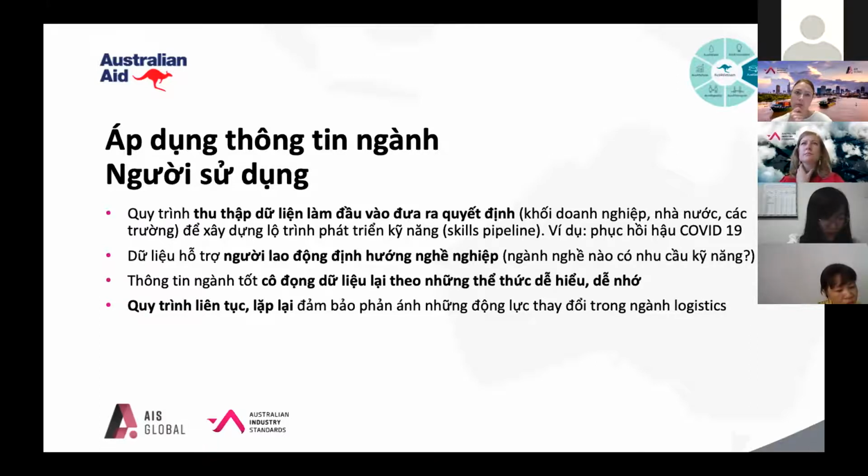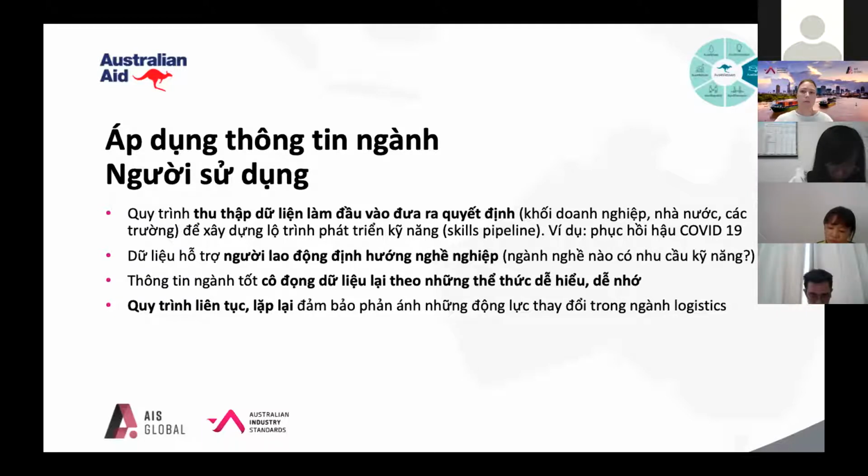Government has an interest in this information and knowledge as well, because government has a policy response obligation to support the training sector, the skills development process. So government has an interest in this information as well. And educators.